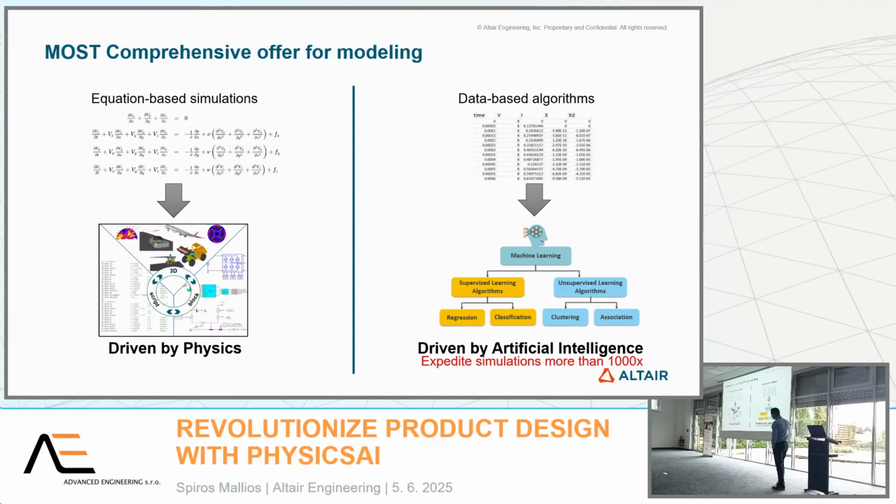So my colleagues have talked a lot about the left-hand side of the slide here, so how we are modeling basically our physical world, based on physical equations. And as you all know, we have the preprocessor, the solver, and the post-processor.